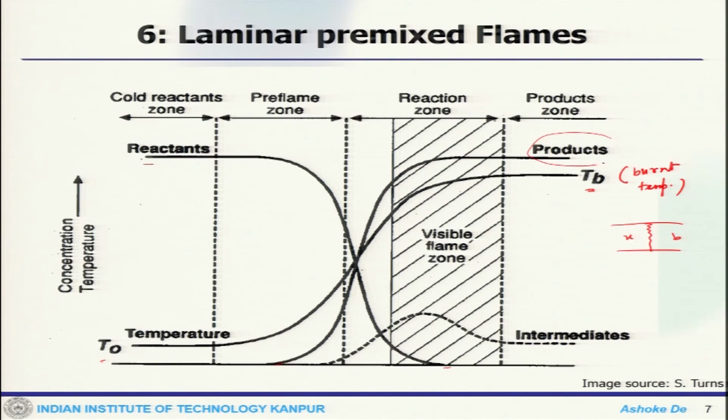This is the standard situation when there is a reaction zone: some reactants are consumed, so that concentration or mass comes down, and obviously the product formation goes up.